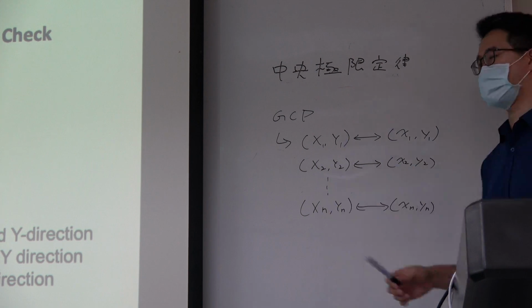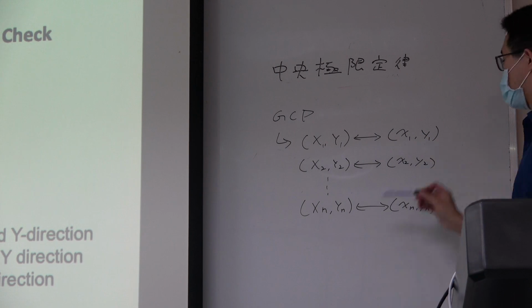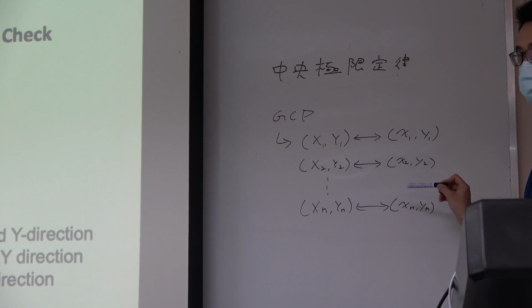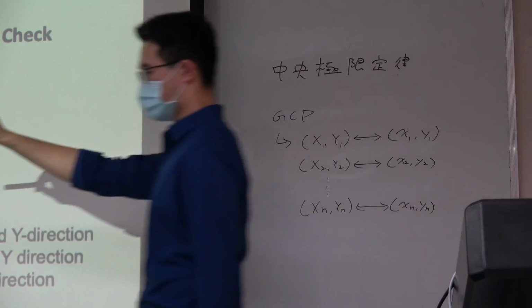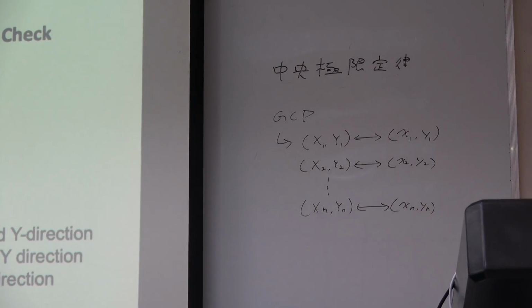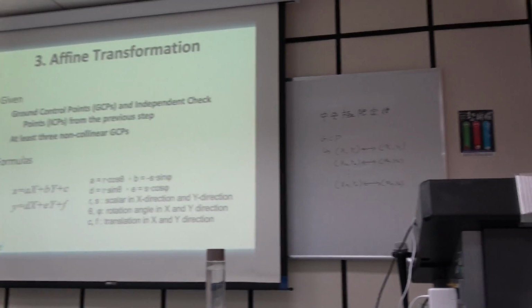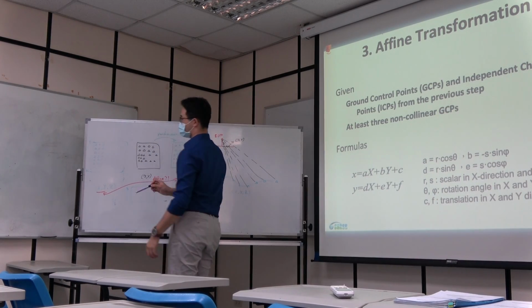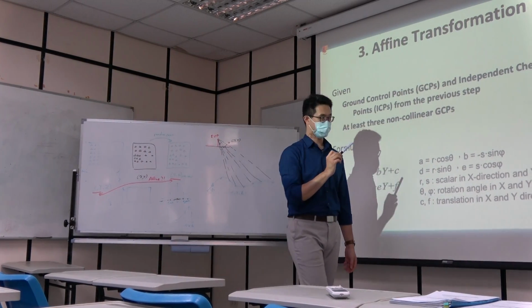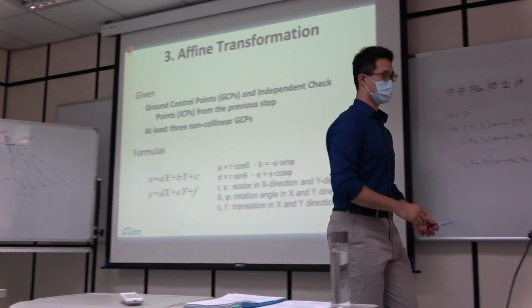Okay, that's decided now. So this is also with error. Which means that from these object space coordinates and the corresponding image space coordinates, you are going to pick a set of them as ground control points.